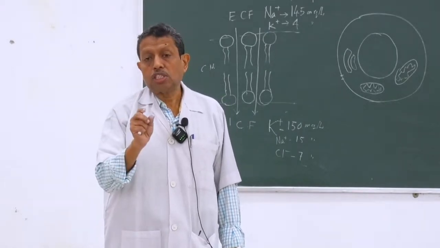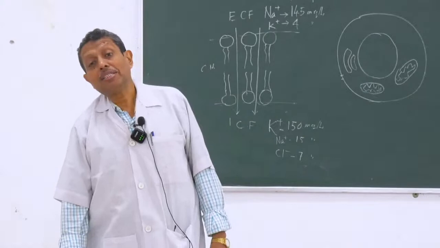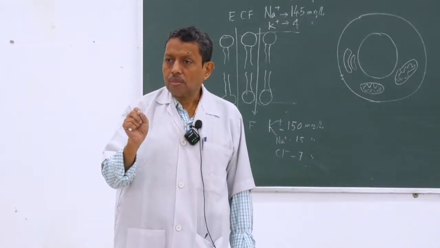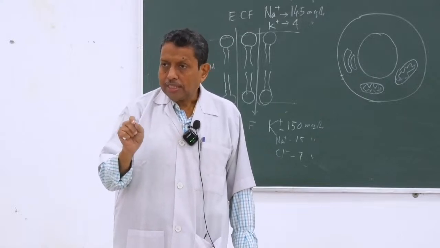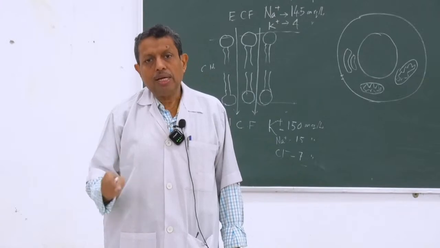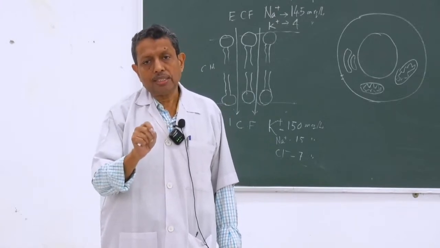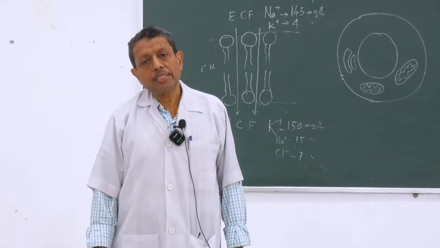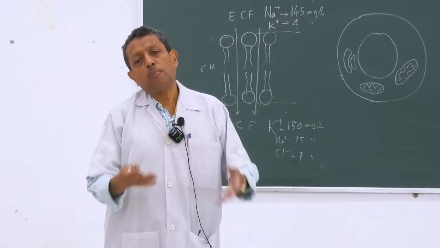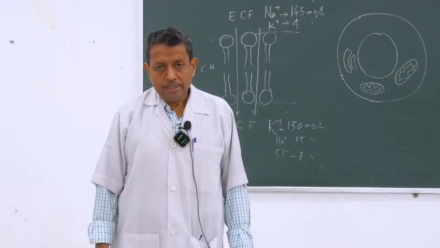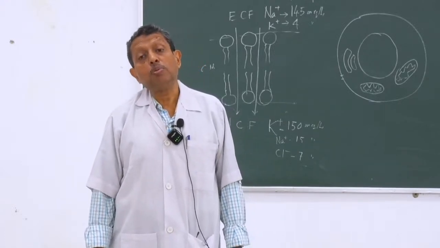It follows the concentration gradient, or in some cases the electrical gradient. A positively charged particle, or cation, has a tendency to move towards the negatively charged area. Similarly, anions, which are negatively charged, tend to move to a positively charged area. In this case, it is a physical process. No cellular energy is required.